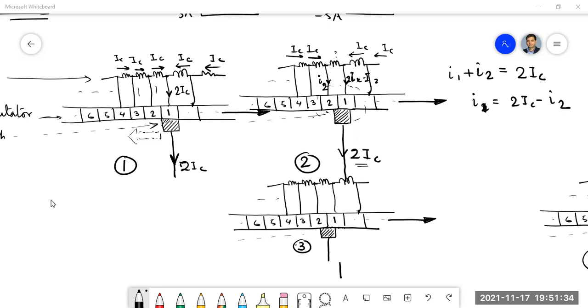Okay. So now what is the current here? If that is I2 and this is 2 IC minus I2, then what will be the current there?